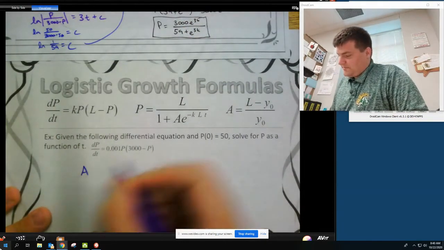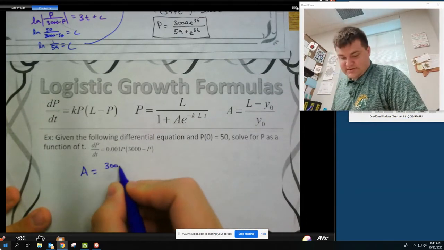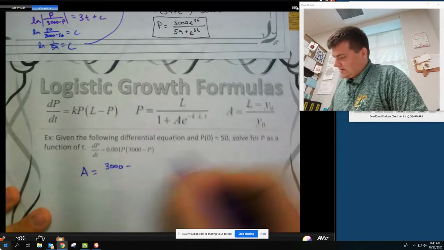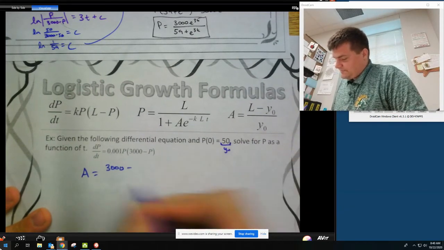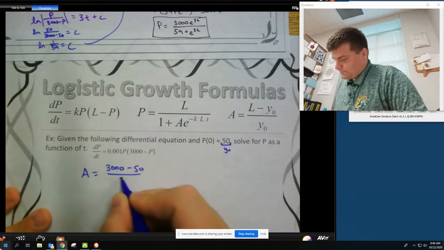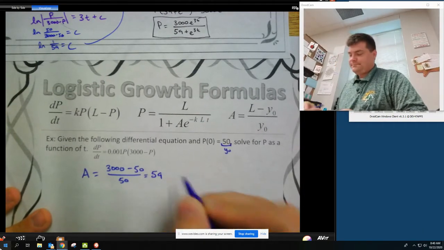So to find P, I first have to find A. So the loading capacity is 3,000 minus the initial amount, which we said is 50. And this is going to give me 59.